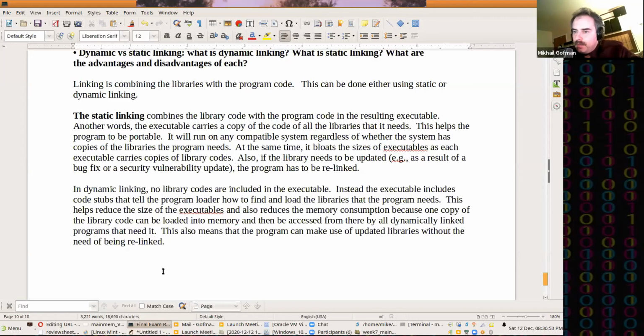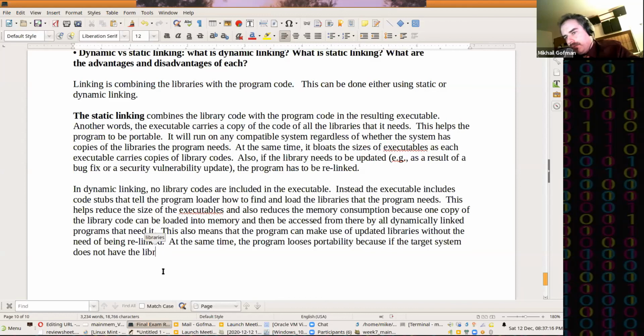Okay, and at the same time, the program loses portability because if the target system does not have the libraries the program needs, the program will not run. Okay, so that's basically the idea.